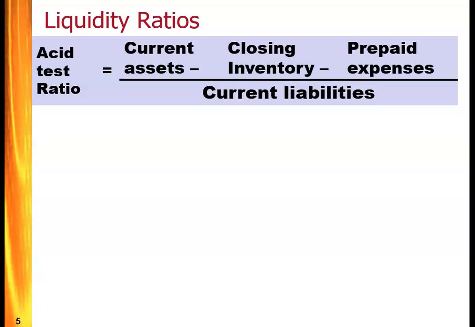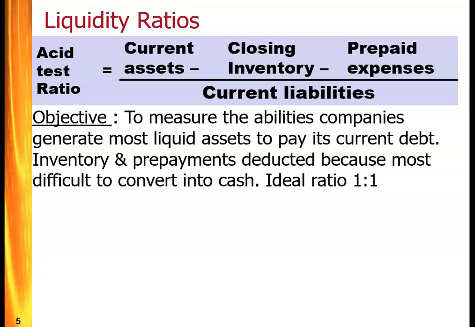After you have deducted the closing inventory and prepaid expenses, the net current asset is compared to current liabilities. The objective of the asset test ratio is to measure the ability of the company to use its most liquid asset to pay its current debt, or short-term debt.